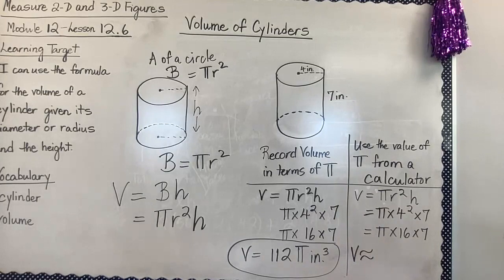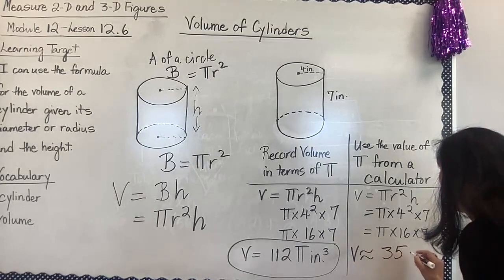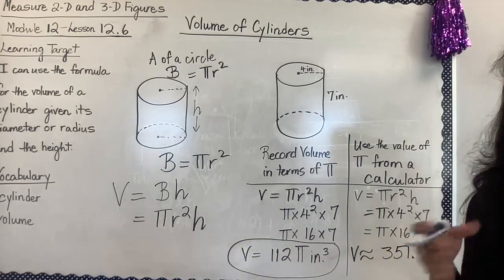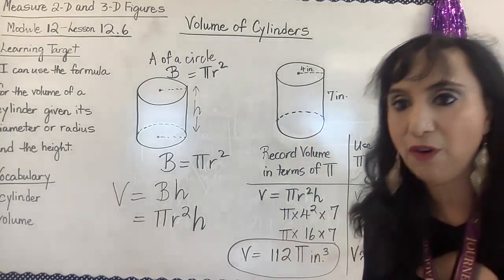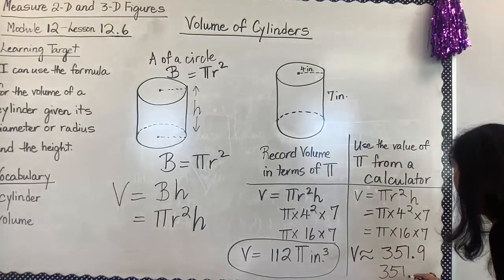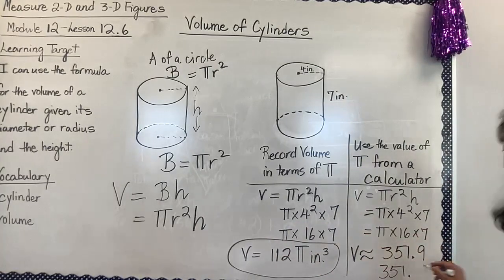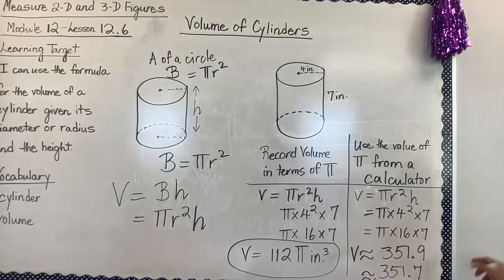But if I use pi straight from the calculator, I would end up with 351.9. If I input 3.14, I get 351.68, which becomes 351.7. So this is an approximate value of the volume.